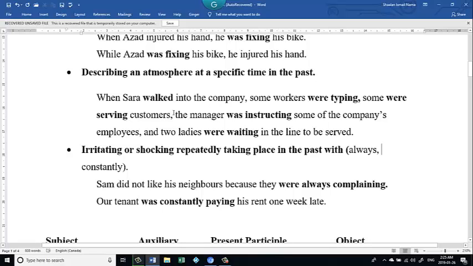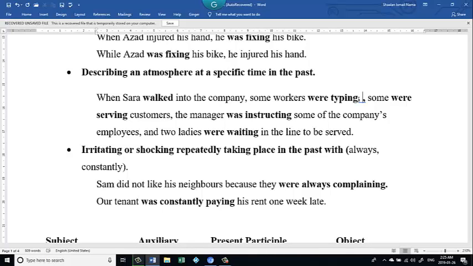Here is a group of actions that happen, all related to everything. For example, you could say, when Sarah walked into the company, you could just put it until here: some workers were typing.